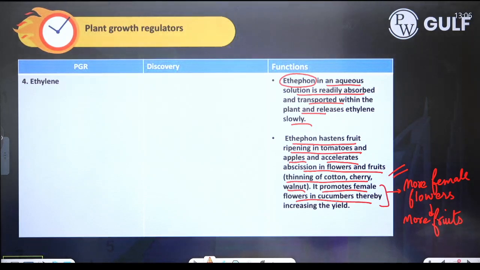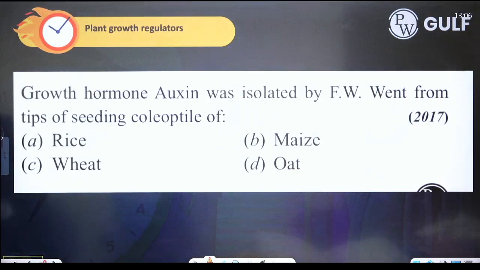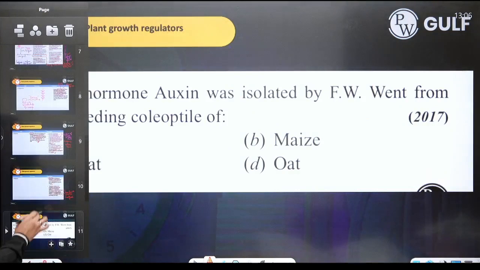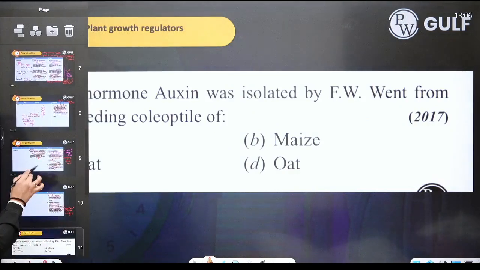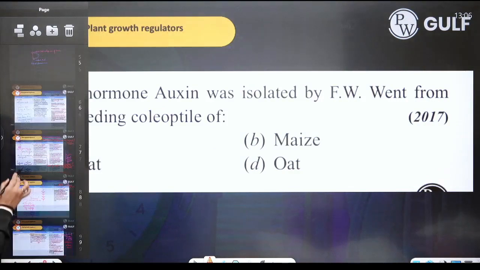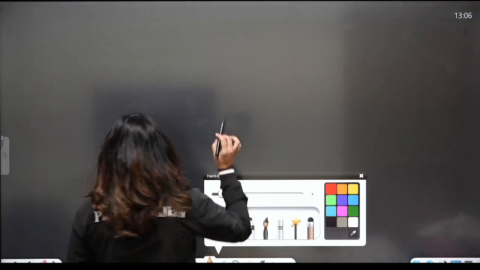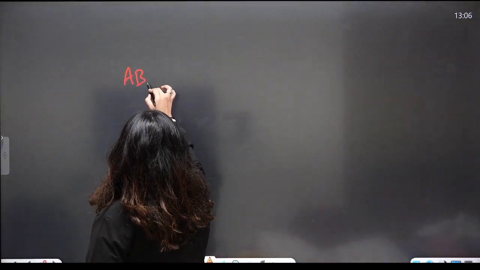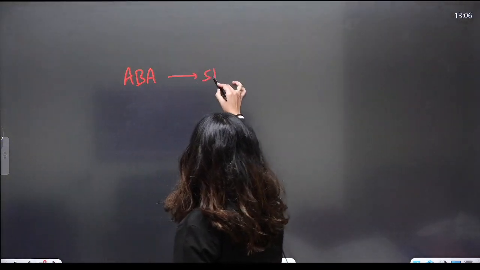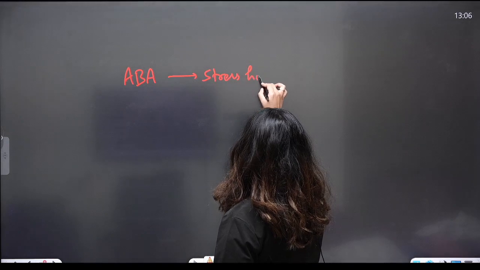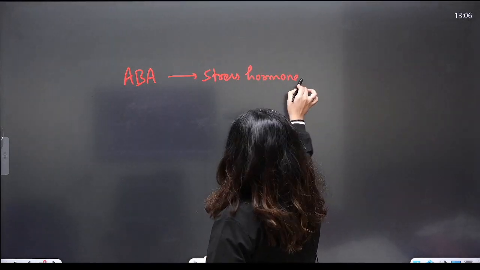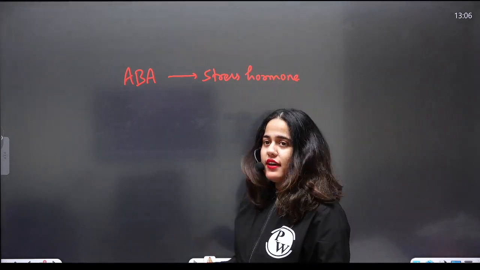So let's move on to the last hormone, which is abscisic acid. Abscisic acid is also known as the stress hormone.